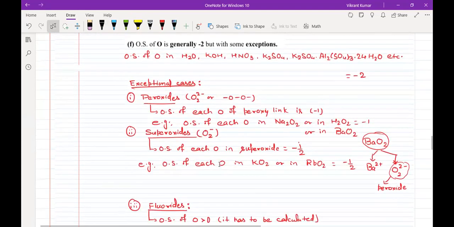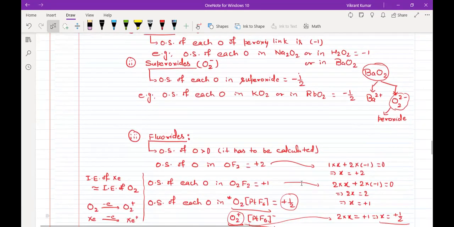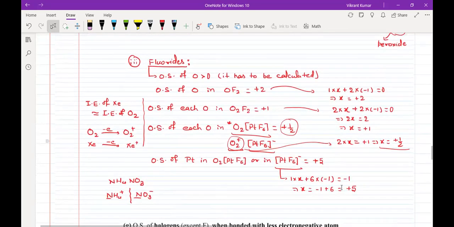And in the F part, oxidation state of each O in O2PtF6. In that case, we are supposed to know its historical significance, which I had told you. This is the compound which inspired the preparation of the first compound from an inert element. The first inert element compound was XePtF6, and this is mentioned in NCERT 12th. In that, Xe is +1.